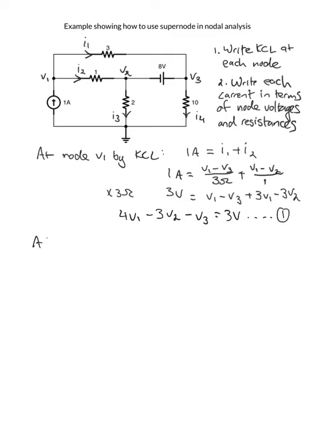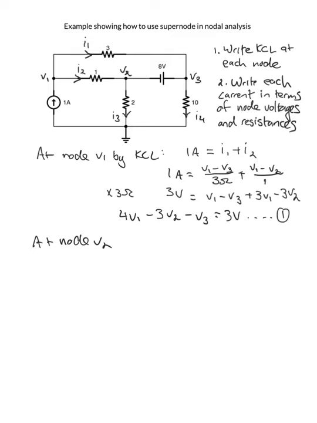At node V2, we can write I2 in terms of node voltages and resistor, and we can write I3 in terms of a node voltage and a resistor, but we don't know what the resistance is of this 8-volt source, so we can't write down a current here in terms of the node voltages and the resistance.